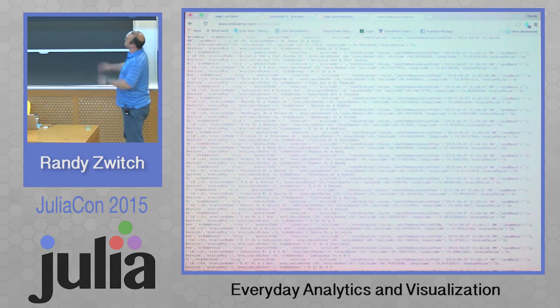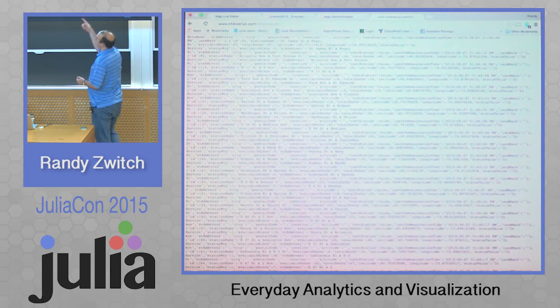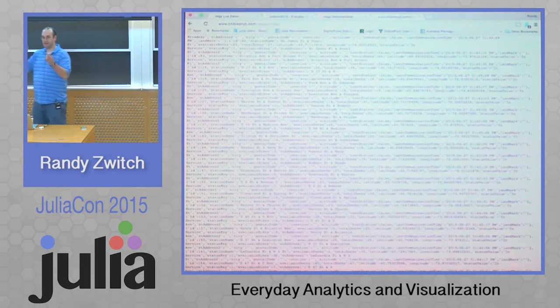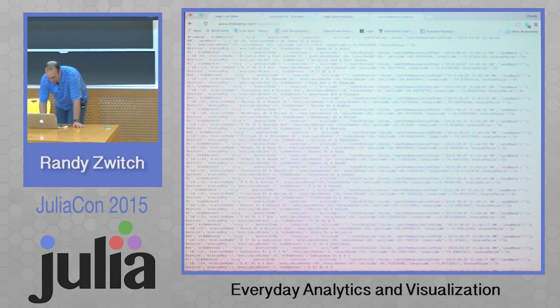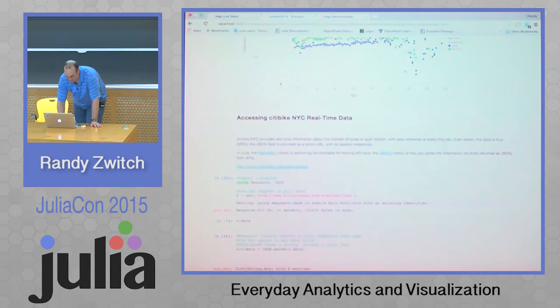I'm not quite sure what was taking so long in terms of Julia. But you see they return back information about all of their stations in a JSON object. And then we translate that using the JSON library.